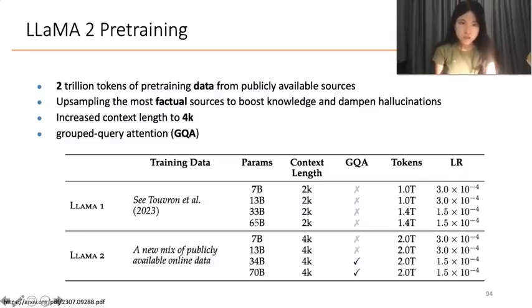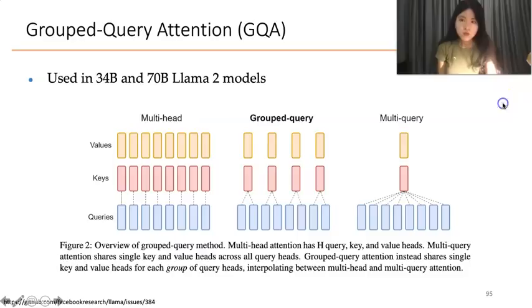Now let me talk briefly about Llama 2 pre-training. Llama 2 pre-training uses 2 trillion tokens from publicly available sources, increases the context length to 4K, and uses grouped query attention to save cache size. Just a little bit about GQA, grouped query attention.